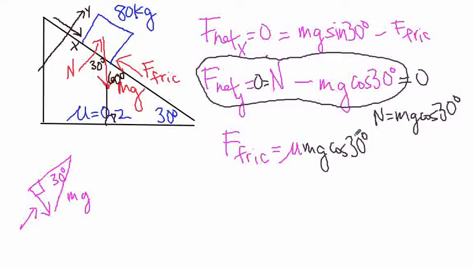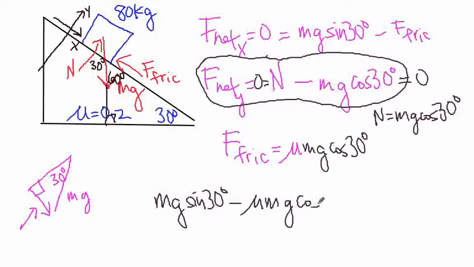All right, and so then you could make that substitution, and maybe you didn't know the mass. Maybe you could use this to solve for what the mass was, because that's the only unknown variable. Let's go ahead and do that. From the first equation, we have mg sine of 30 minus mu mg, actually no, I take that back.